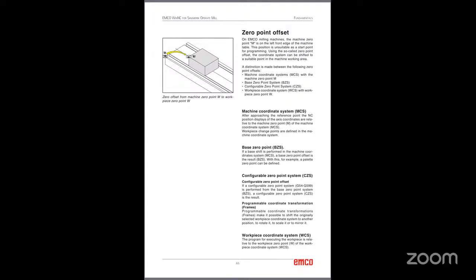Next I'm going to discuss MCS. What is MCS? Machine Coordinate System. The machine coordinate system, MCS, is based on the machine 0 point M. The coordinate system based on the machine 0 point is called the machine coordinate system.